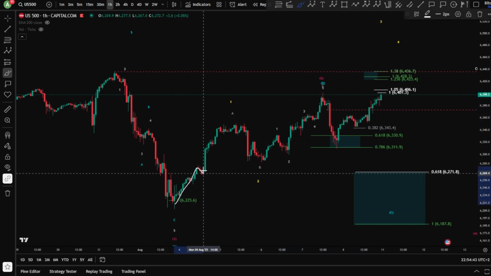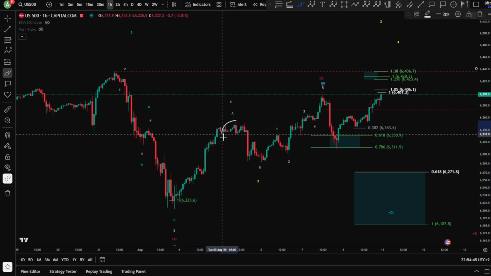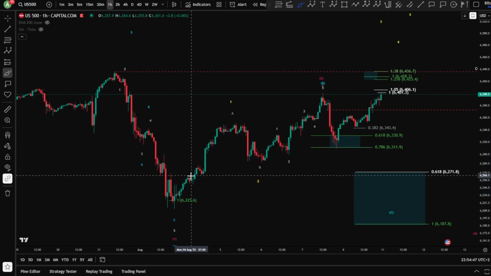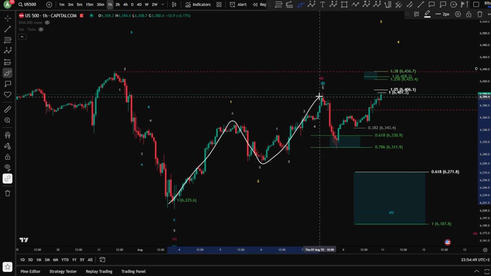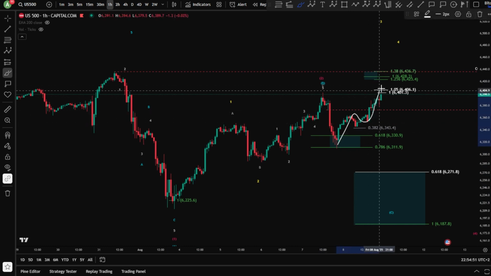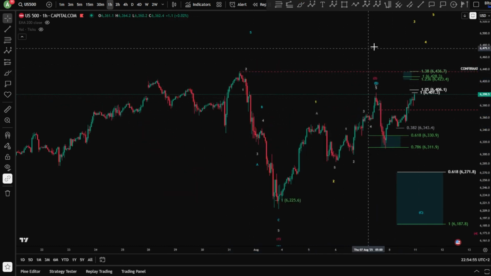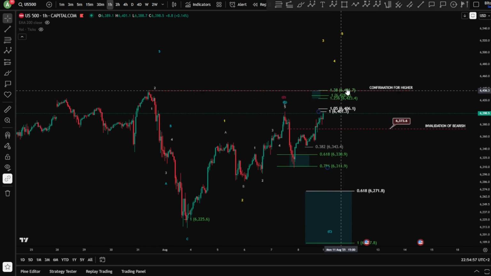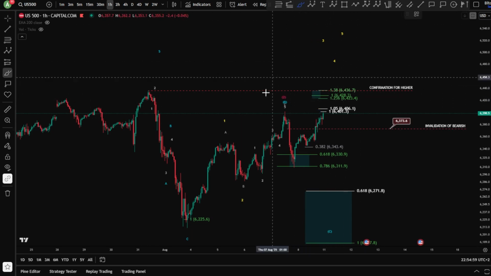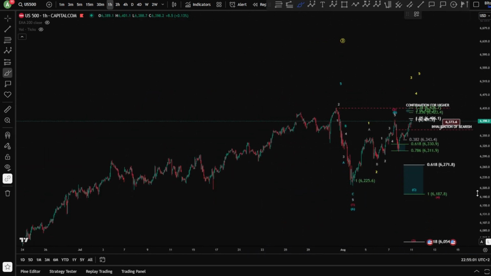Here, you have already an impulse. If you remember, we have a shy wave 5, if you remember this, as a wave 1, 2, 3, 4, and a 5. You would like to see, of course, continuation for higher, preferably that you take the high, at least with some few cents, okay? What it might be, again, the same scenario as Nasdaq.